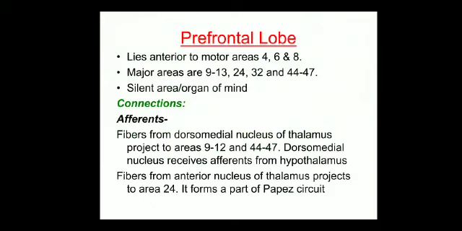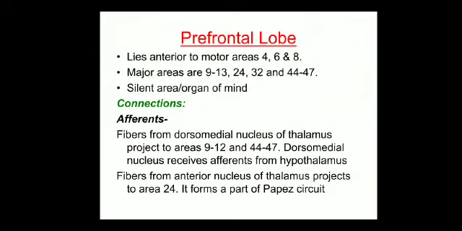And then the dorsomedial nucleus of the thalamus receives afferents from the posterior hypothalamus. So the impulses which reach the prefrontal lobe via the medial nucleus represent a resultant of hypothalamic and thalamic activity, because it receives the afferents from the posterior hypothalamus as well.